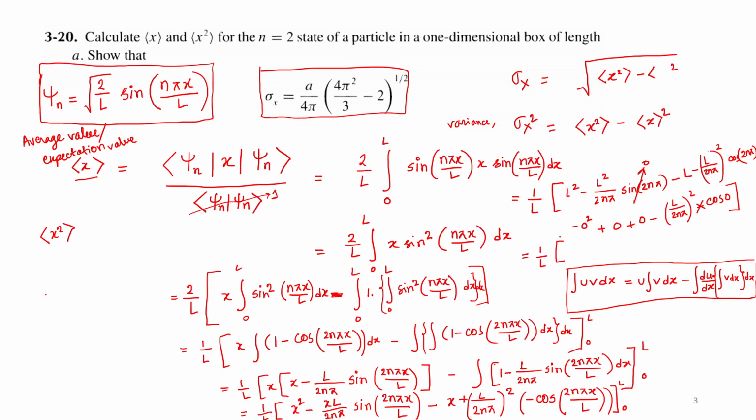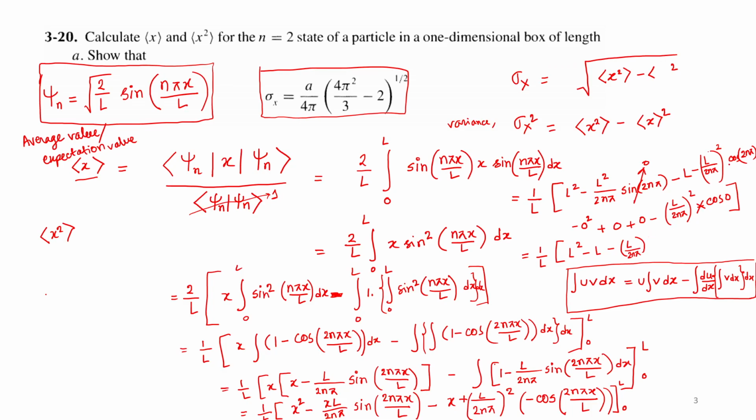I'm very fearful whether I have made the correct thing or not. L square minus, so it is 0, minus L minus L by 2n pi, cos 2n pi.